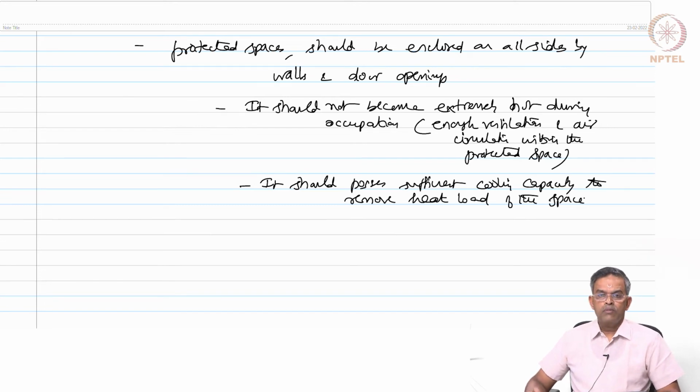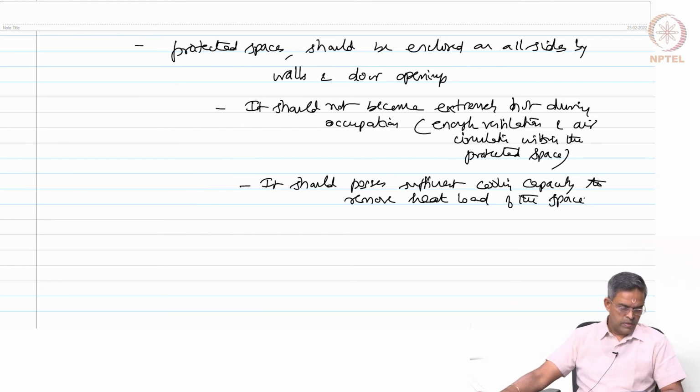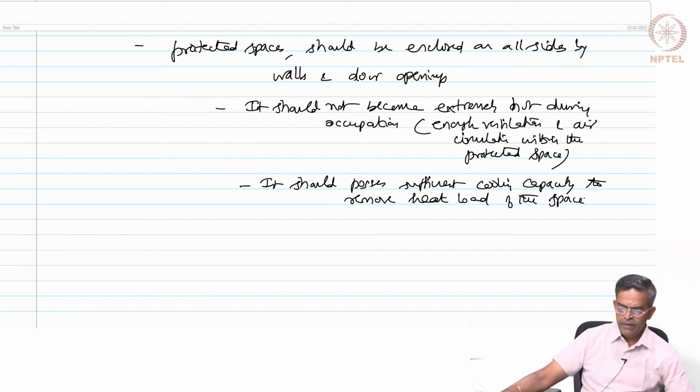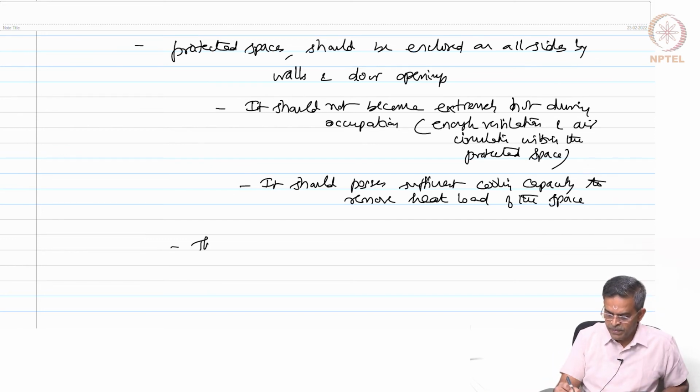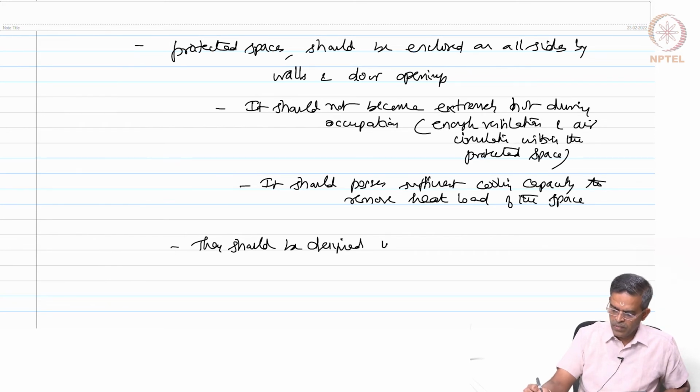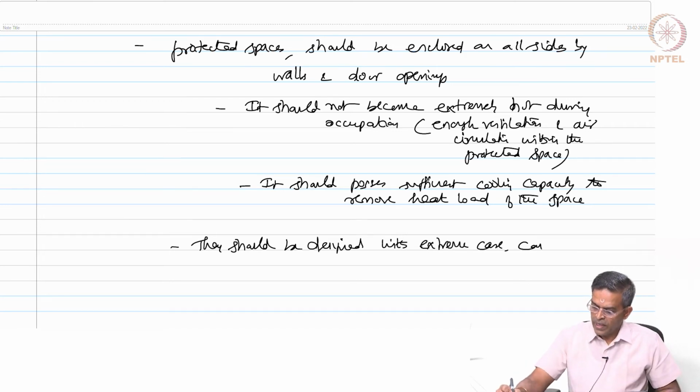So, one should be able to maintain both the temperature and the humidity conditions of this protected space. So, protected spaces should be designed with extreme care considering the above facts, okay.